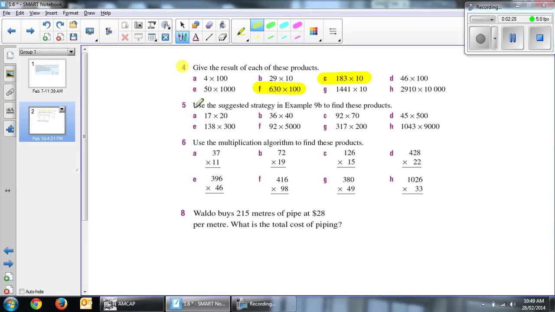Okay. Let's have a look at question 5. Now in question 5 it says, use the strategy in example 9b to find these products. So in that example, let's go with this one to start off with, 36 times 40.